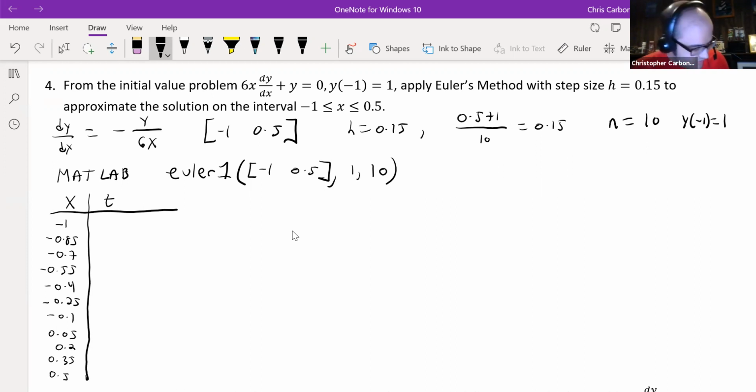The value of t, which will just indicate our step size of 0.15, is going to be the same for all these values. So I won't bore you to tears with me writing all this physically out.